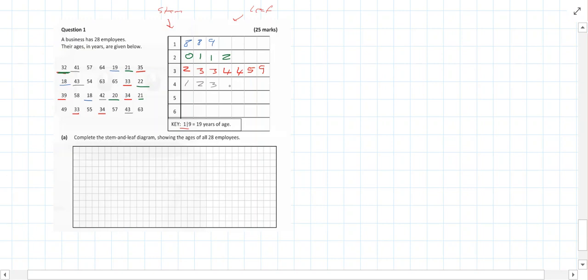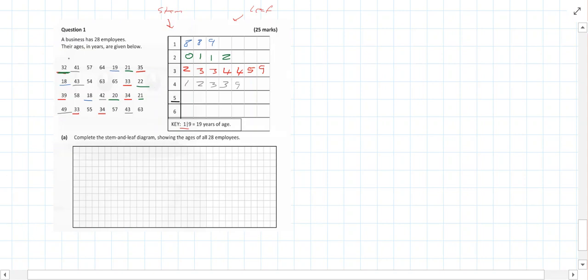So we have another 43, we'll put that in there as well. Oh, sorry, not 4, it should be 3. And then I think we have a 49 here, so I think that's all of the numbers that start with 4. Then we do the same for the numbers that start with 5.